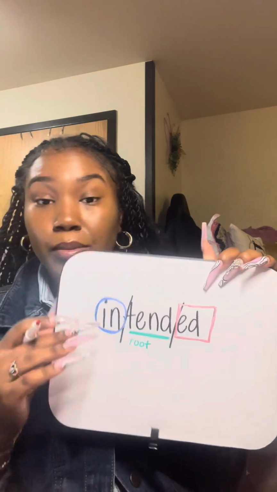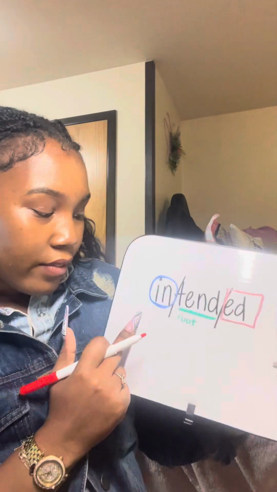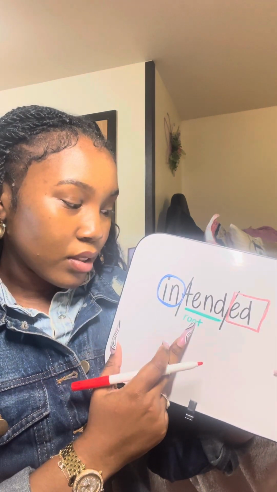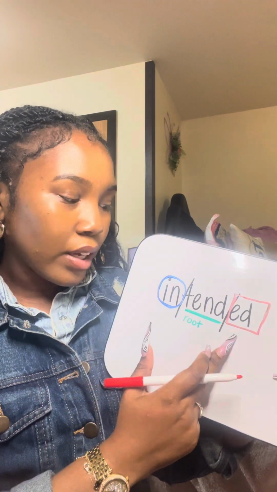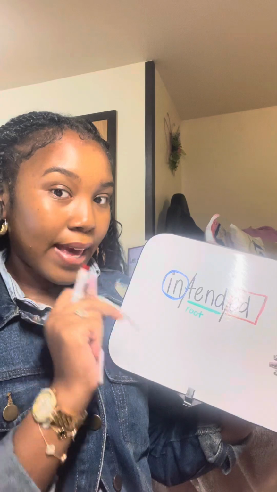So this is a pretty easy activity. We have intended. We have our prefix in, root tend. Tend is our root, and our suffix ed, which makes this whole word past tense.